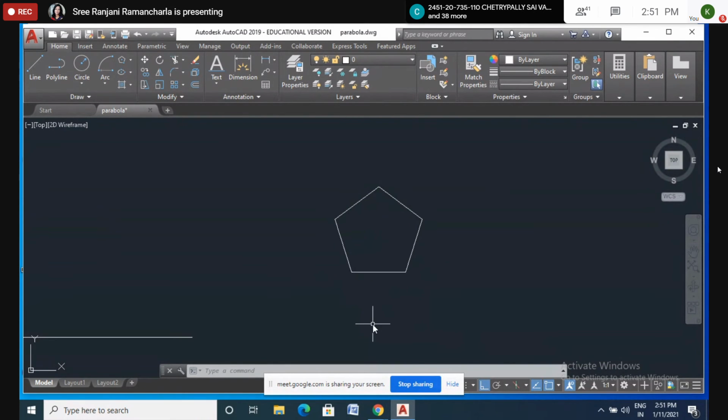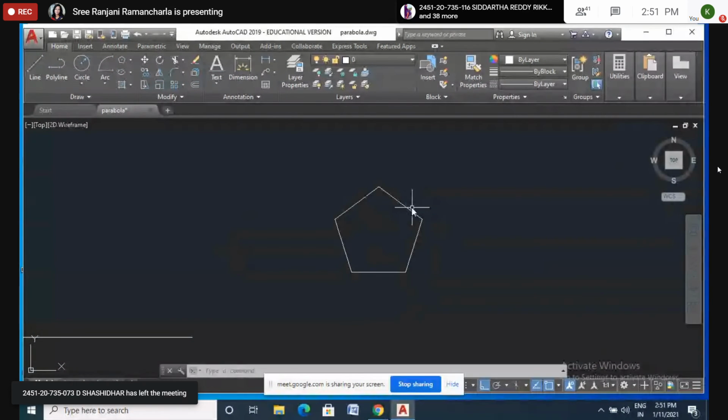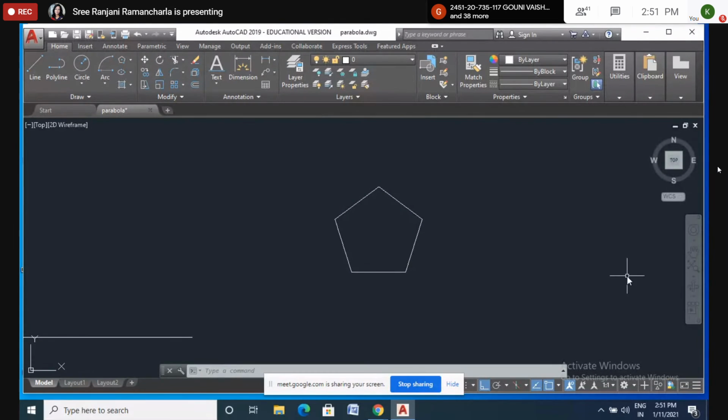Extend the line of one side and draw the curve, then extend this line twice the side and draw the curve like this. First you extend all the lines. This is once, this is twice the side, thrice the side, 4 times the side, 5 times the side.